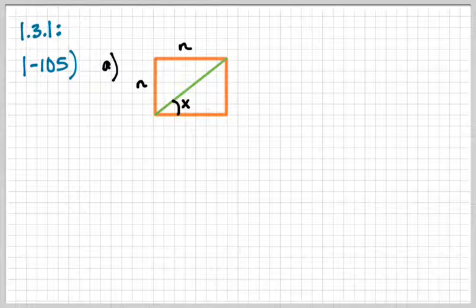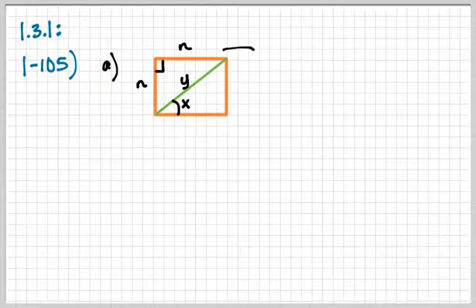In this problem, it wants you to find the missing side, which we could call y, based on the information given. One other thing about this square is there's a right angle in it, which gives you that right triangle.